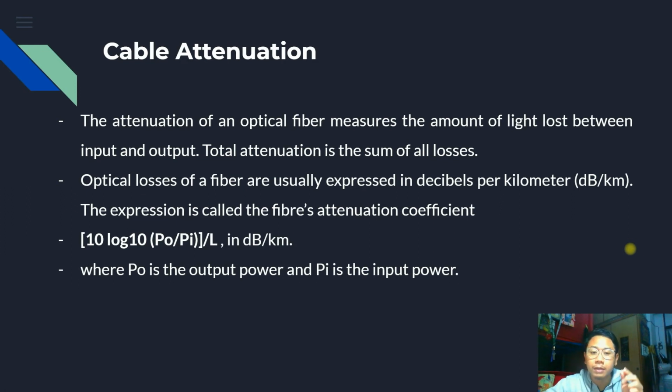Optical losses of a fiber are usually expressed in decibels per kilometer, dB per kilometer. This is called the fiber's attenuation coefficient, which you can see on the screen. The formula is 10 log10 of output power over input power, per length in kilometers.